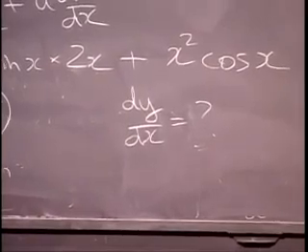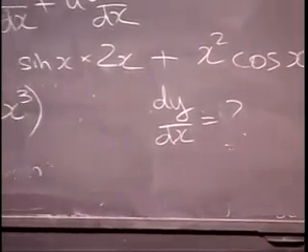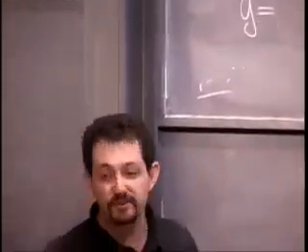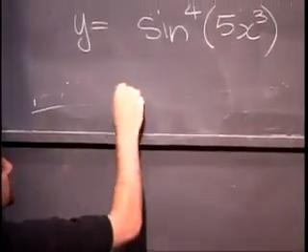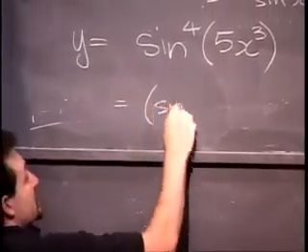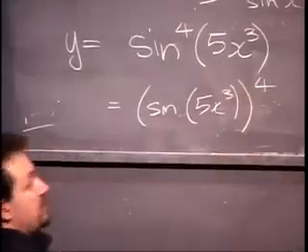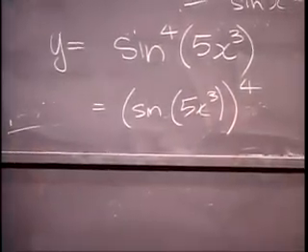How do you calculate y knowing what x is? The first thing you have to do is you take 5x cubed. Then you take sine of this, and then you take the 4th power. So I'm going to go so far as to rewrite this as sine of 5x cubed, all that to the 4th power. So here's what I really want to do.